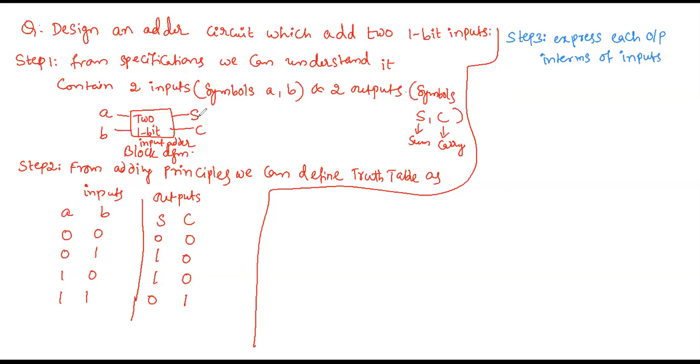So what are the outputs we have? S, C. First we try to express S. First write the SOP form equation.